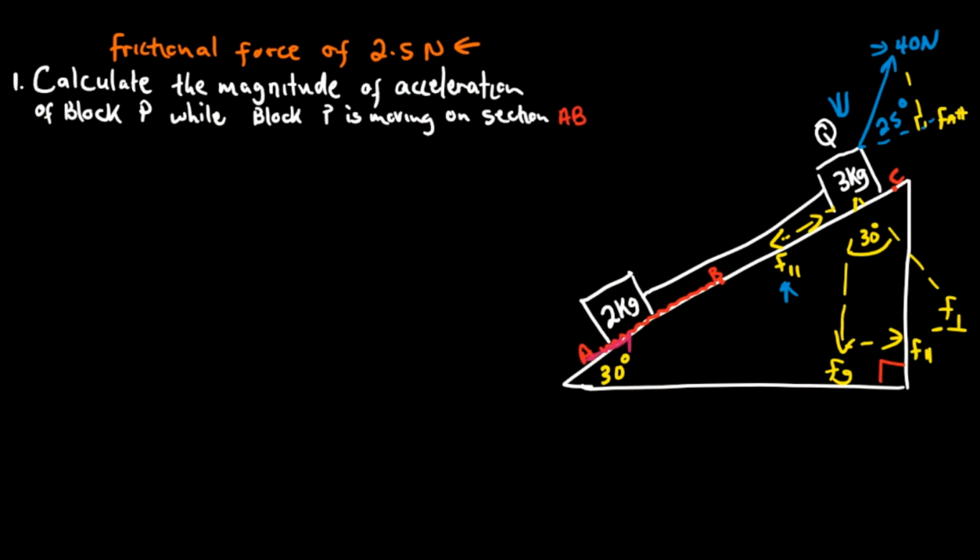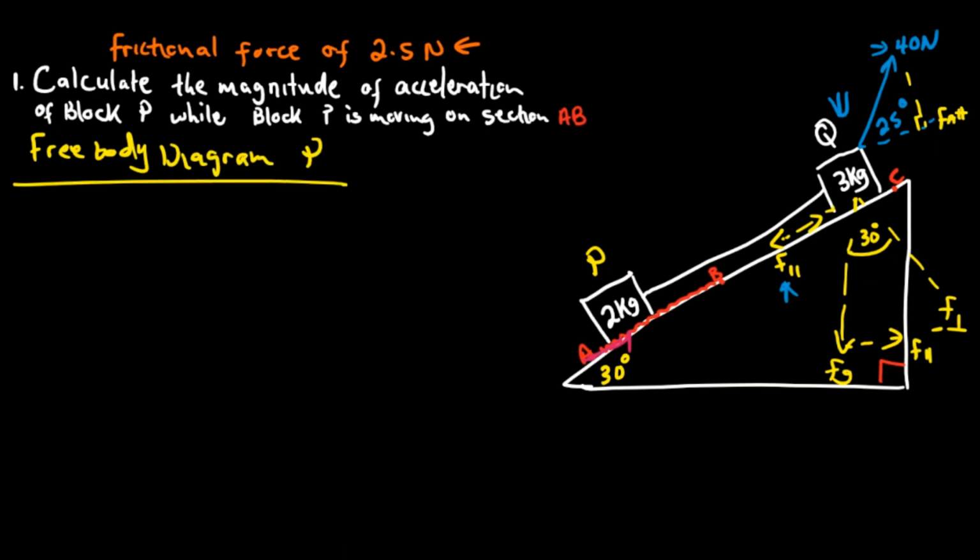So now that we found equation 1 for block Q, let's find equation 2 for block P, right? So the first thing we're going to do is find the free body diagram of block P, right?